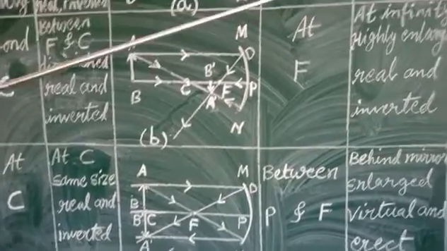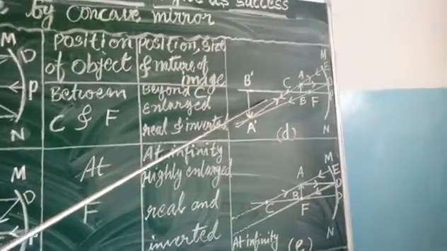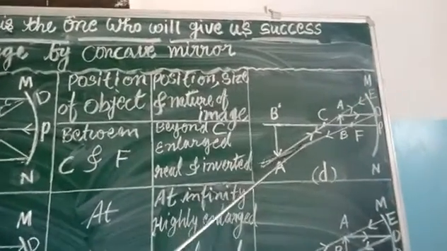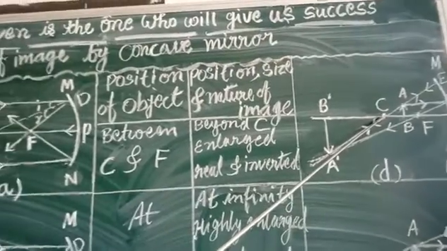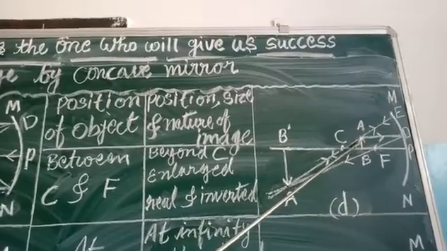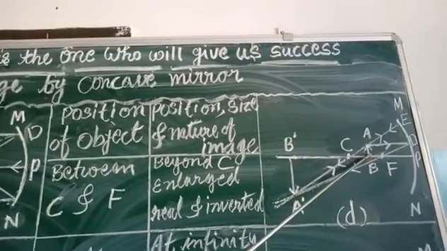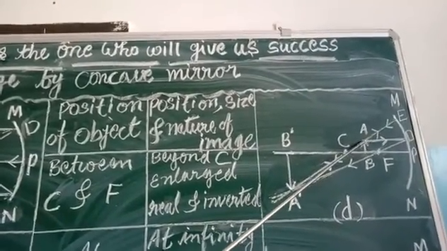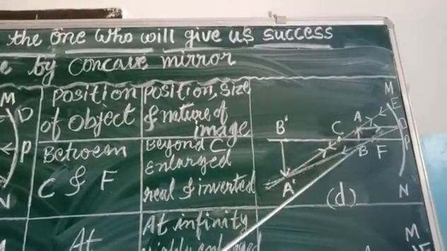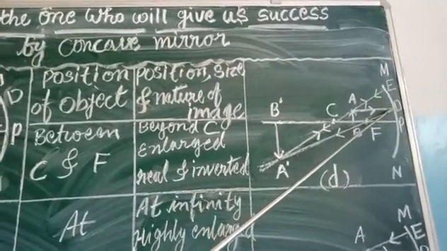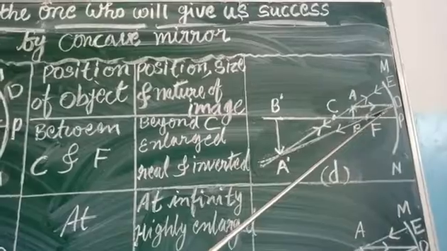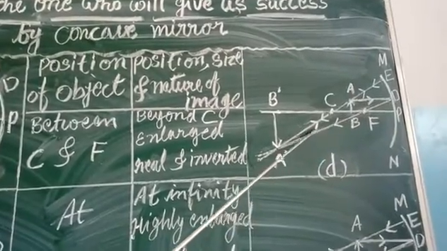Okay, now let us see the next diagram. Here, when we place the object between the center of curvature and the principal focus, this is the object AB. A ray of light passes through the top point of the object and strikes the surface of the concave mirror, and after reflection it passes through the principal focus.